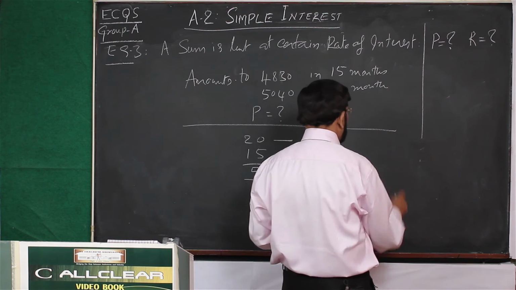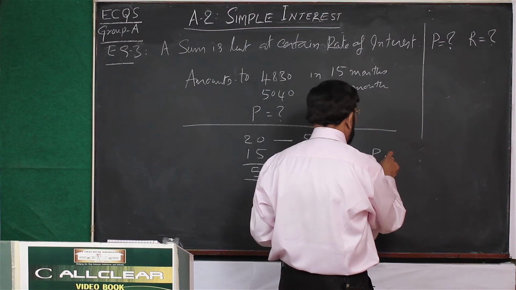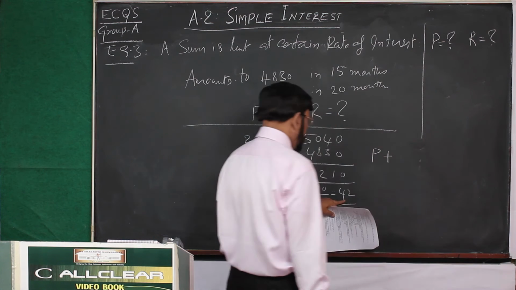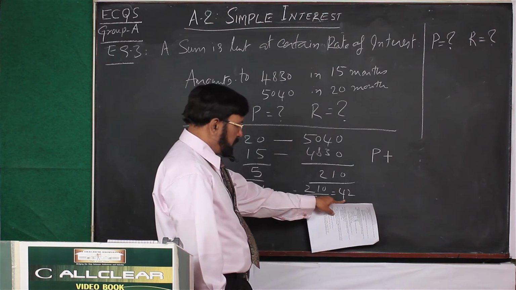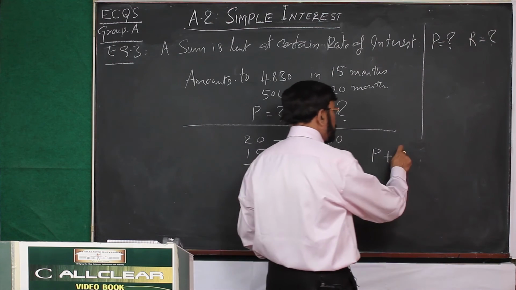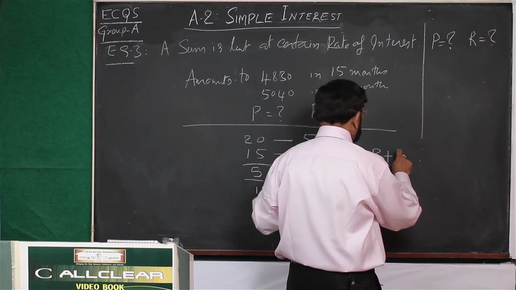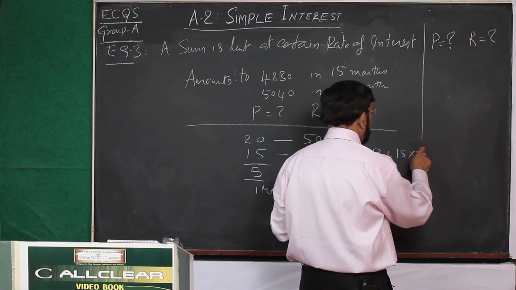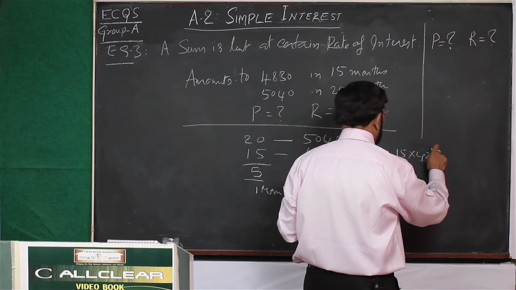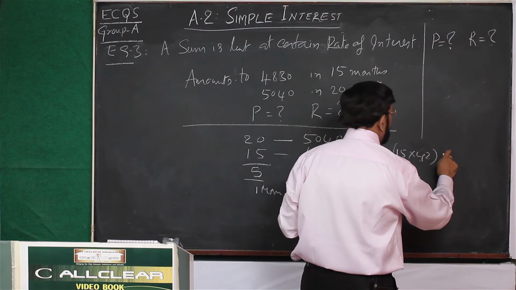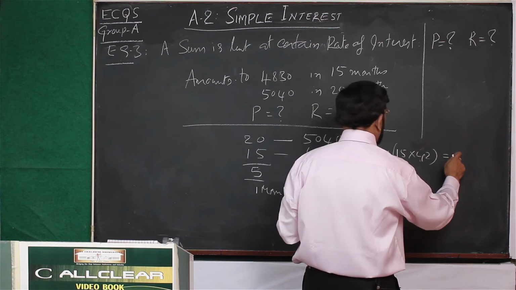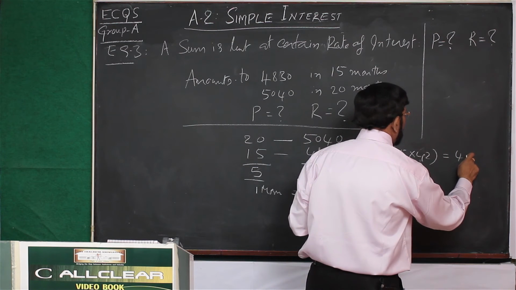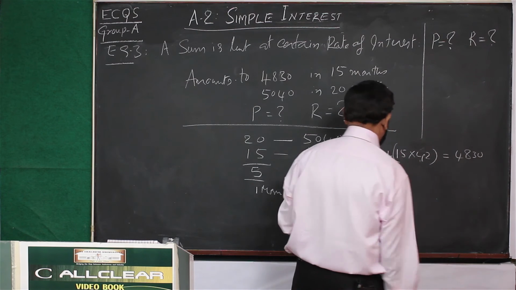Now, you see, P plus per month 42 rupees interest for 15 months, 15 into 42, is equal to 4,830.